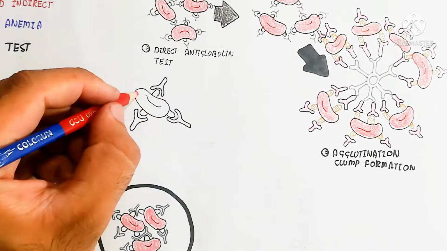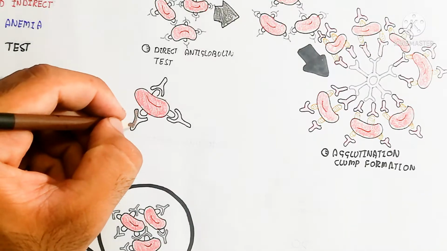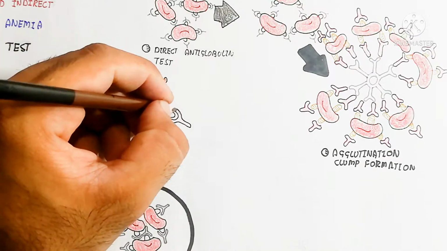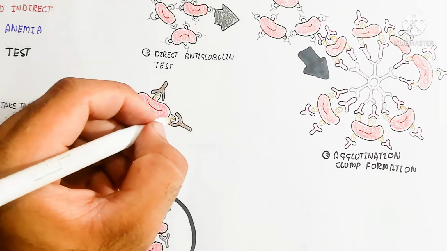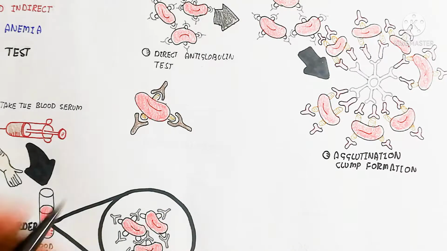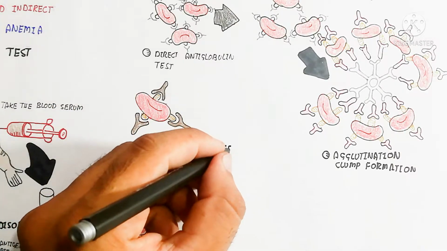This clump formation is due to the IgG attaching to more than one antibody on the red blood cell antigen. You can see this in the diagram to understand.